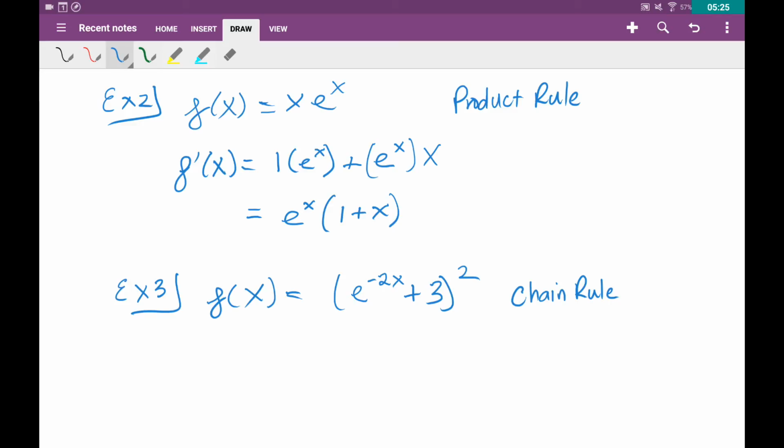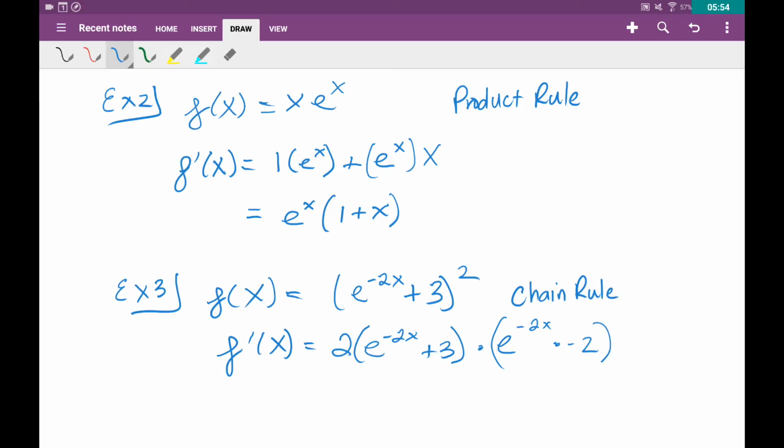Okay, so f prime of x equals 2 times everything on the inside, e to the negative 2x plus 3, times the derivative of everything on the inside. The derivative of e to the negative 2x is e to the negative 2x, but don't forget the derivative of the exponent, so times the derivative of the exponent, which is, let's put all this in brackets, negative 2, plus the derivative of 3, but that's just 0, so we're not going to write it.